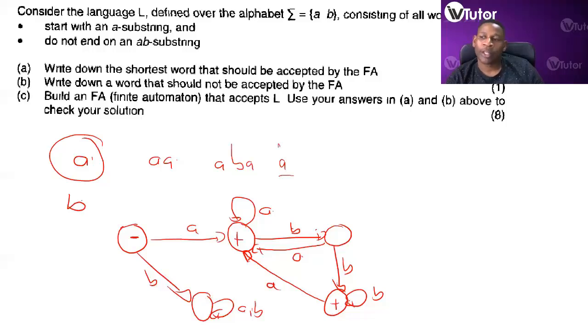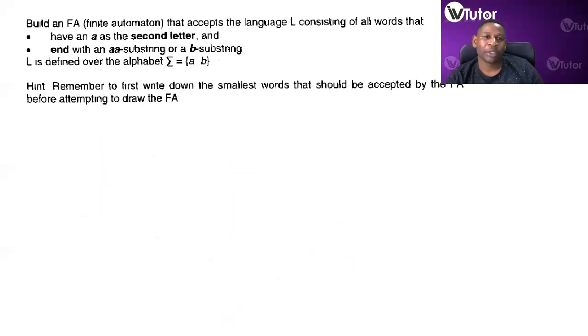All right. Next one, build a finite automata that accepts a language consisting of all words that have A as the second letter. So we're saying you can have A or B, but the second letter is going to be A, and the word ends with an AA substring or a B. So the shortest word here is going to be AB.